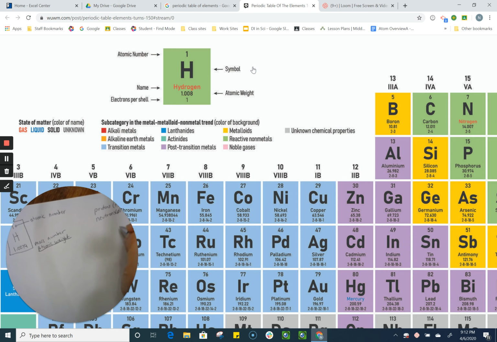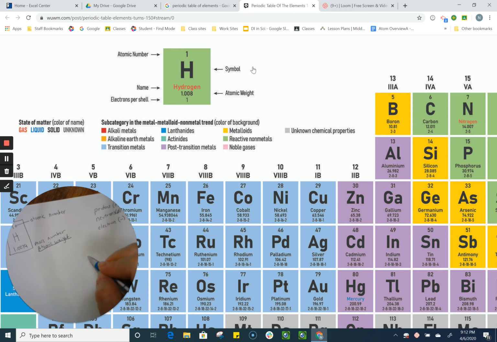I usually use 0 with a slash. Then the other particle is significantly smaller than the protons and neutrons. These are about the same size. They're actually assigned a weight of about 1 AMU, 1 atomic mass unit. And then electrons are significantly smaller, and they carry a negative charge.